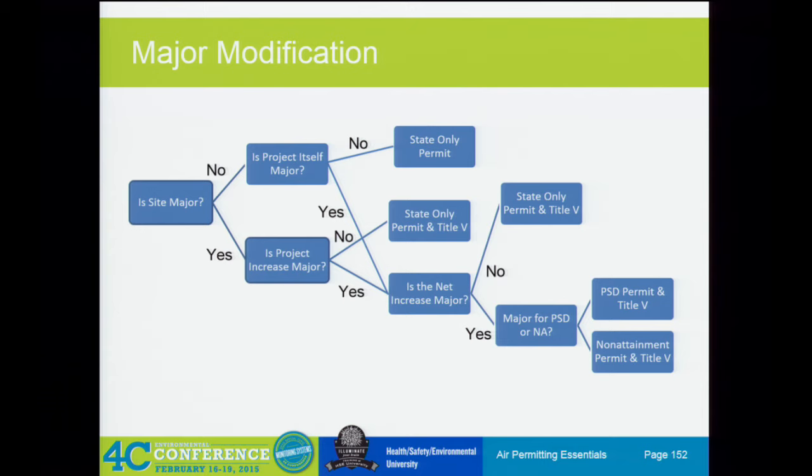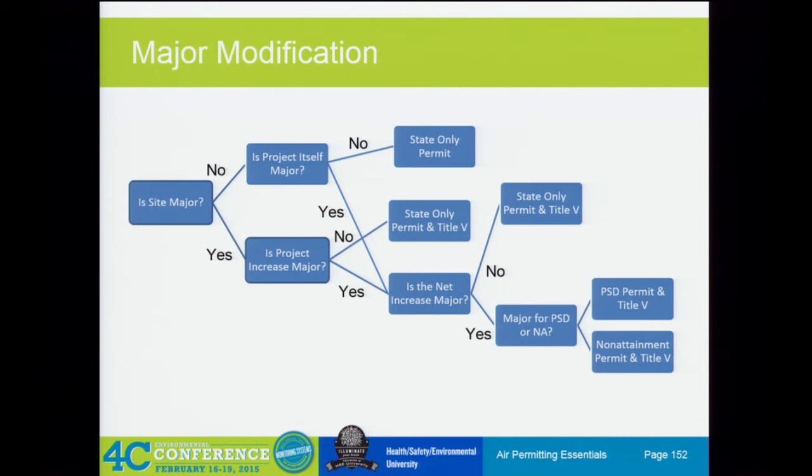You can do another project that is 99 tons of emissions of any of your criteria pollutants. So your total emissions for your site is going to be 198 tons of NOx, VOC, whatever it is, and it will not trigger PSD permitting. And that is because you were not a major source before you began the project.